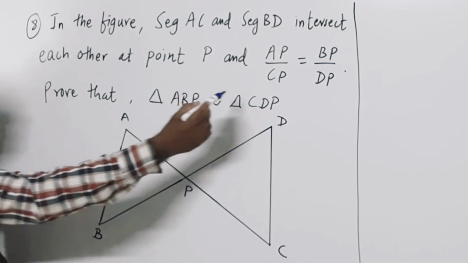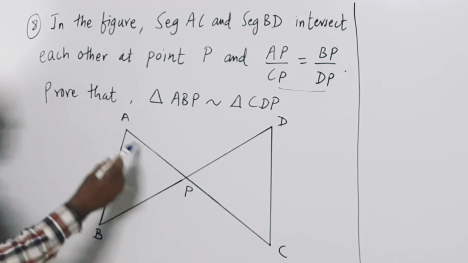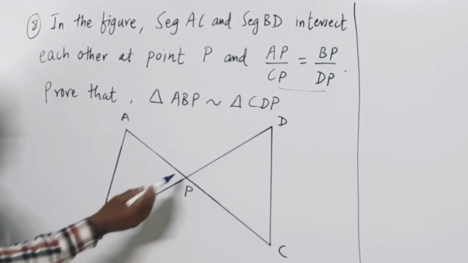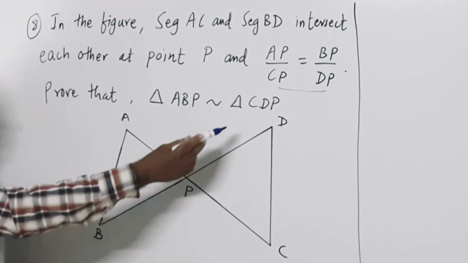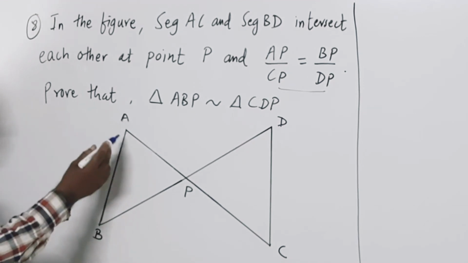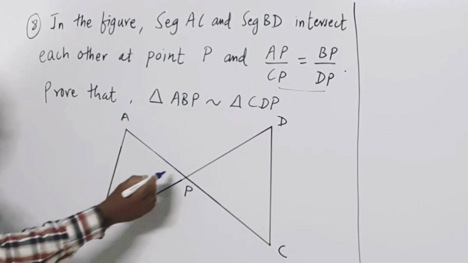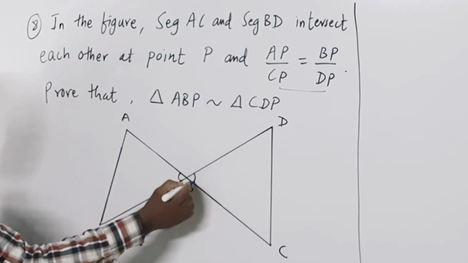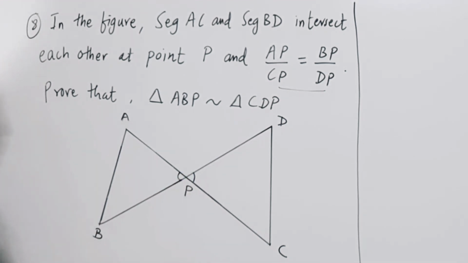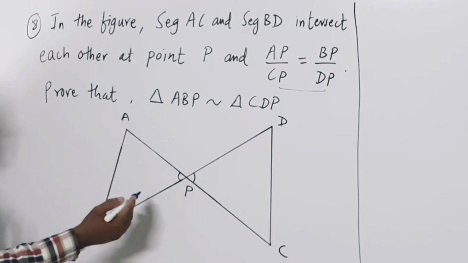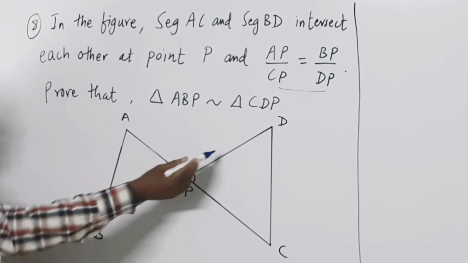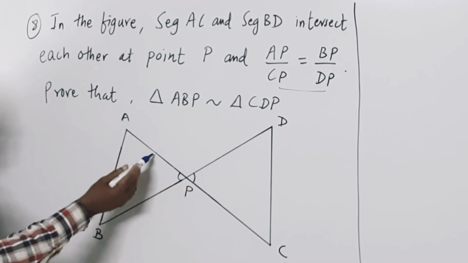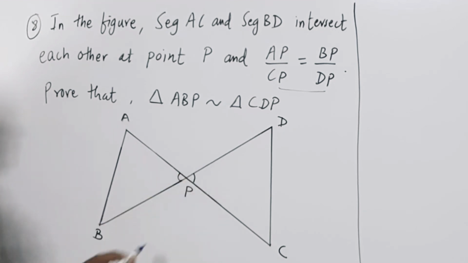The ratios are given equal: corresponding sides AP upon CP is equal to BP upon DP, it is given, and angle APB is congruent to angle CPD, as these are vertically opposite angles. So these two triangles are similar by two ratios and the included angle, the side-angle-side test.